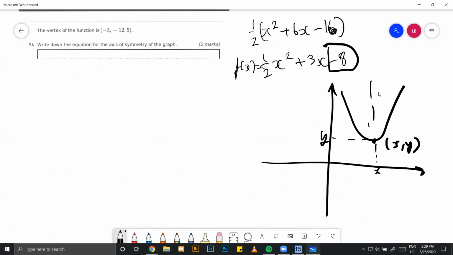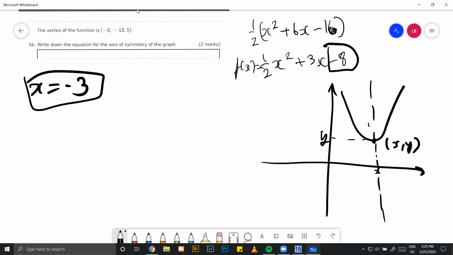This is your axis of symmetry, this big line over here, which passes through the x coordinate. So it's x is equal to whatever this value is. The vertex here is negative 3, negative 12.5. So this x coordinate is negative 3, so x is equal to negative 3 is the axis of symmetry. You flip it backwards and forwards.